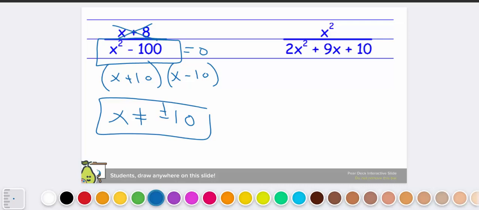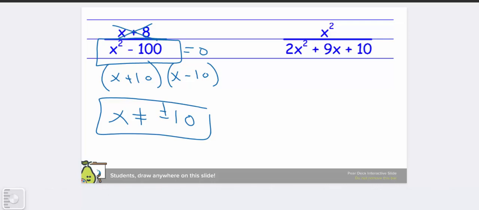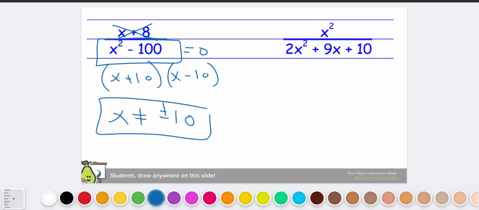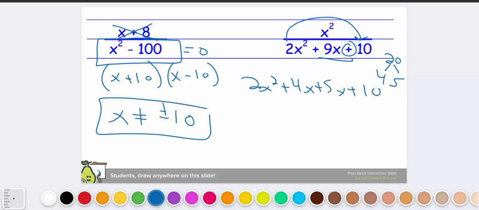In our next one, we now have this multiplier of 2 out in front, so we need to solve using that. So remember, we're going to factor by grouping, so we may have to draw a little arc over here. We're talking about the number 20, and it adds up to 9, so it's 4 and 5, so 2x squared plus 4x plus 5x plus 10. GCF is 2x, so x plus 2 gets left over.